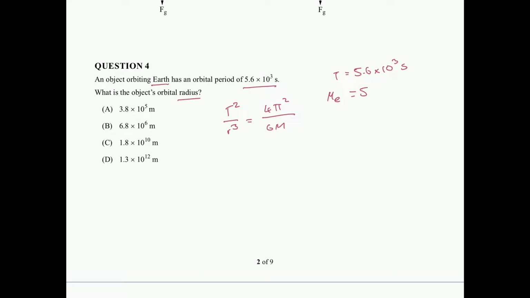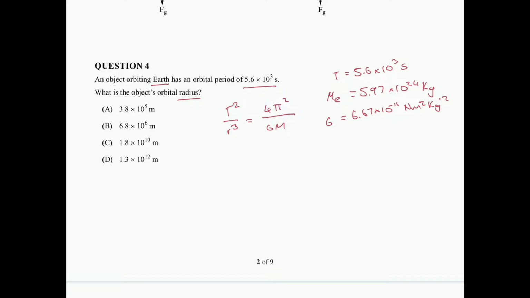So that's equal to 5.97 times 10 to the 24. And the important thing is kilograms. G is also in your formula book, the gravitational constant, so 6.67 times 10 to the negative 11 Newton meters squared per kilogram squared.